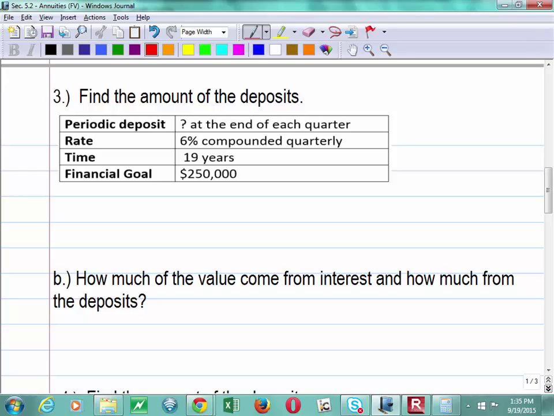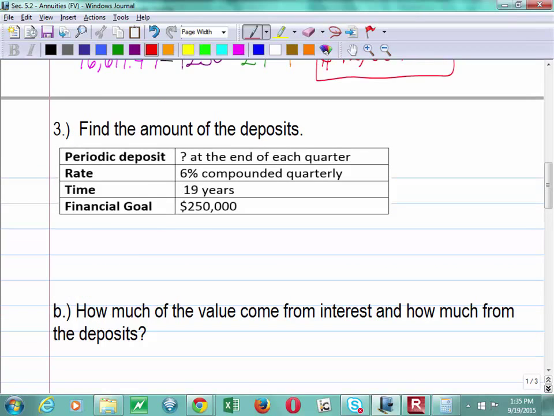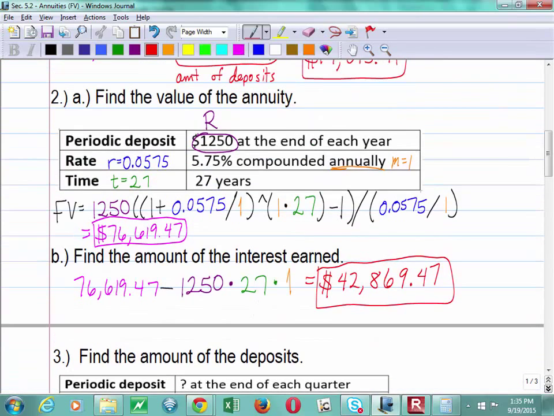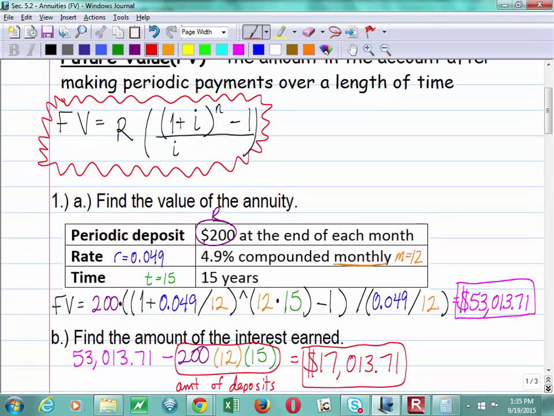Alright, so basically to do this we can use the same formula, we just want to rearrange it for us to solve for payments. So basically all we need to do is just divide both sides by this whole thing that's in the parentheses.